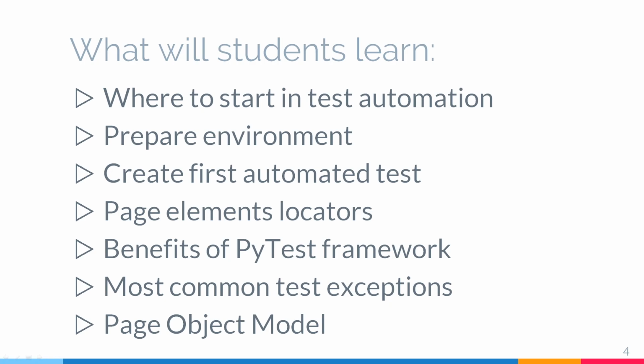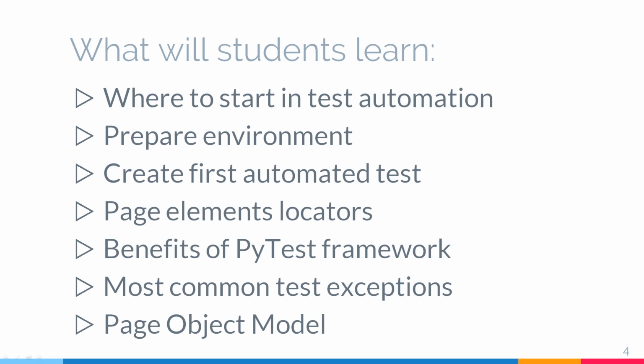This is the course for the complete beginners, so students will learn where to start in test automation, how to prepare environment. We will create simple first test for login functionality, the functionality that most of you will likely have to automate in future at your work.